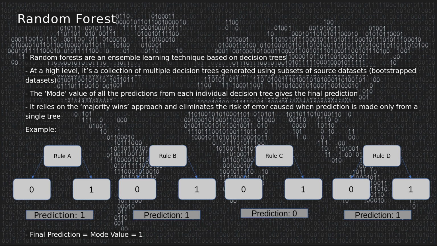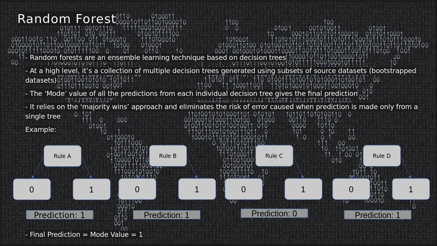So in order to avoid that, we take the data set and divide it into different subsets based on a process called bootstrapping, and for each subset we create a new decision tree. For example, if we had a data set of 100 records, we divide that into 10 records each, a total of 10 data sets, and then we build a decision tree on each of those data sets and predict an outcome.